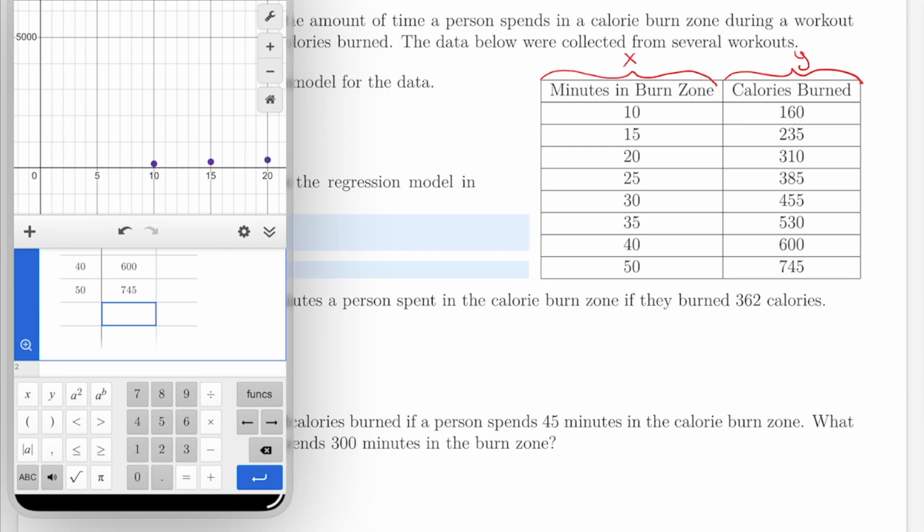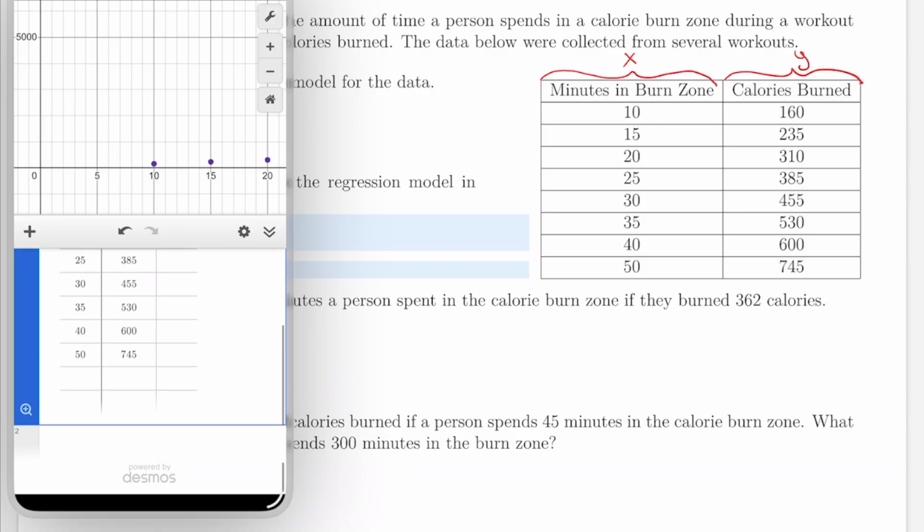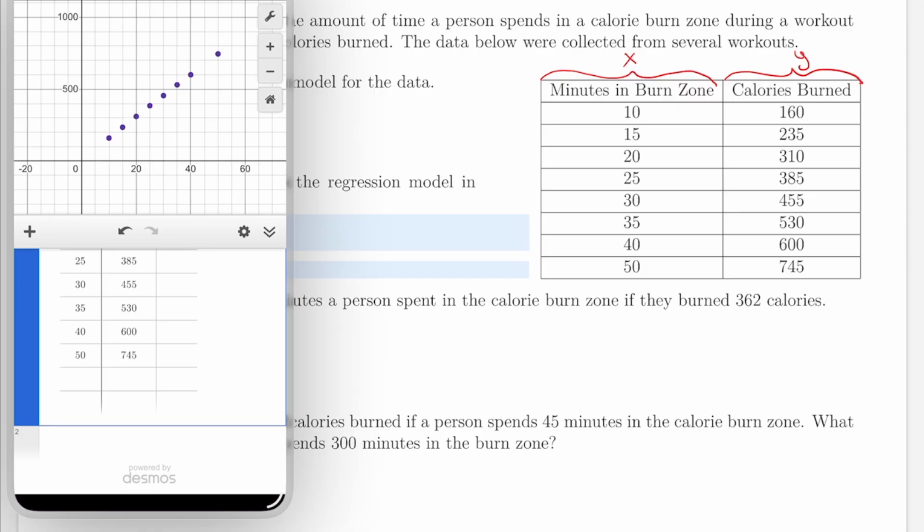Now that these are typed in, I'm going to hit the magnifying glass so that I can see what's going on. Just looking at this, this is going to be a linear model. Also, it makes sense that it's a linear model because it wouldn't make sense that as you increase your minutes in the burn zone, your calories burned grow exponentially. That just doesn't really make sense.